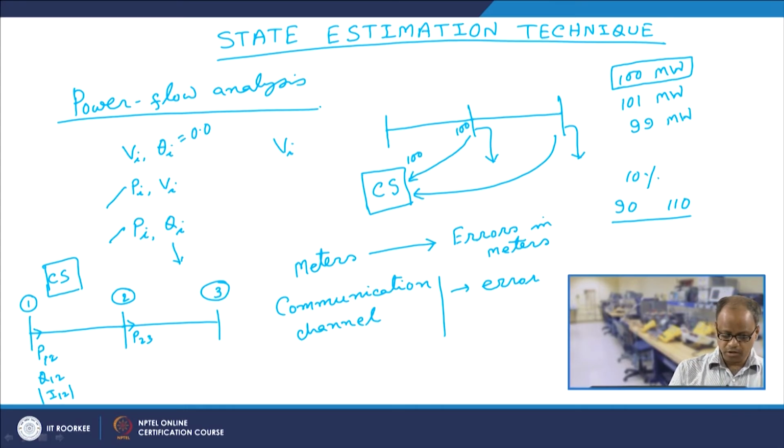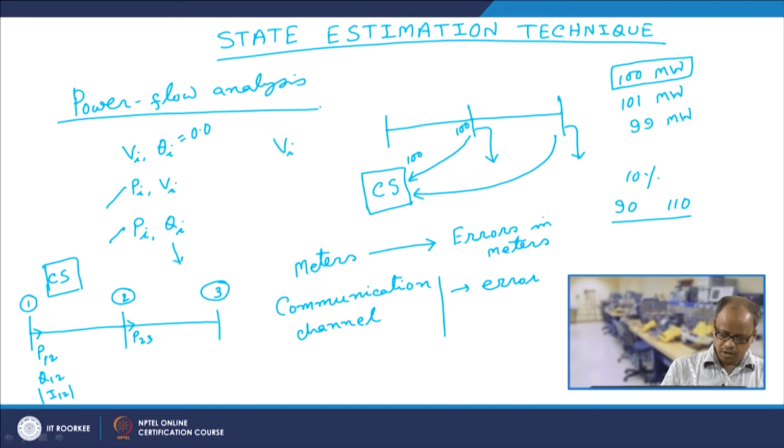Because we have put meters here, this meter also can have error, and although these meters are located at our control center, again it is not possible for anybody to continuously monitor whether they have started malfunctioning or not. So, this meter also may contain error.